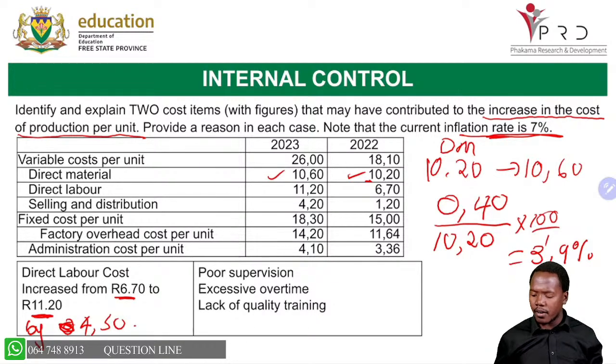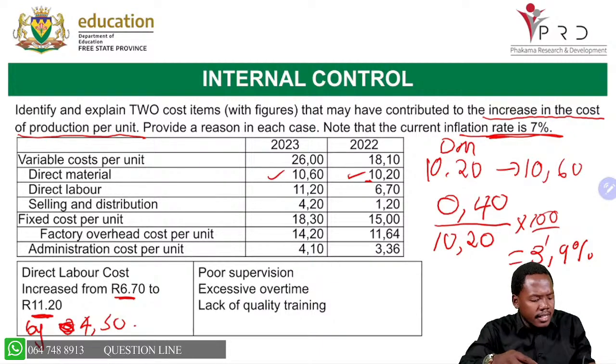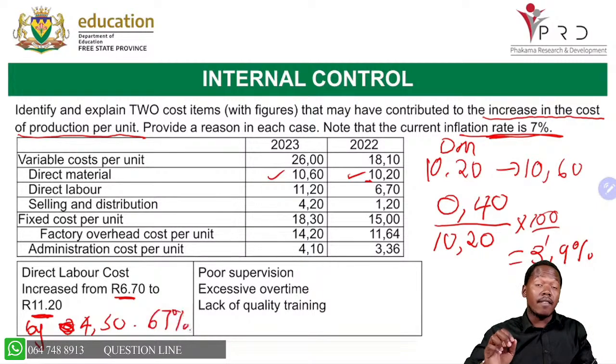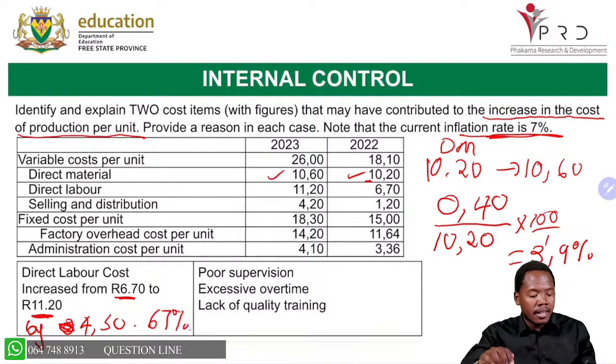So if you say 4 rand 50, divide by 6 rand 70, that increase becomes 67%. So this is a 67% increase. So 67% increase is too much. It's more than the 7% inflation rate.